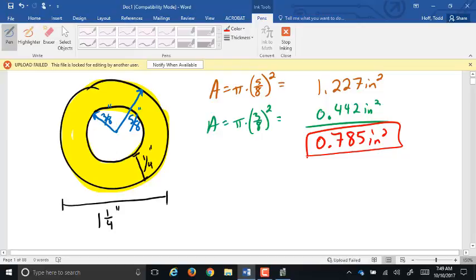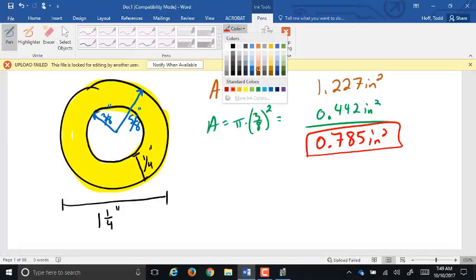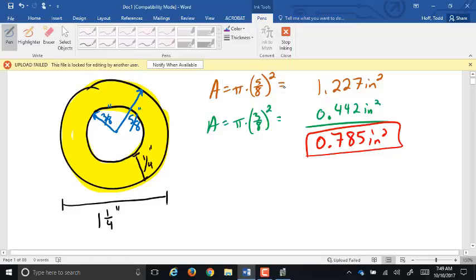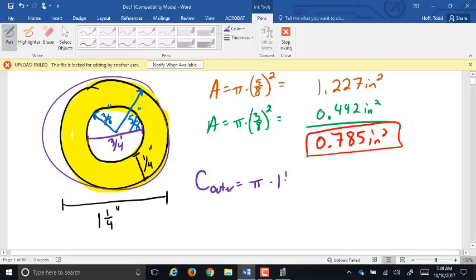Now, there is another way we could have done this. To me, it's a little awkward, but it works. What you could do, if it was easier for you, using the diameters rather than the radii, you could find the outer circumference, which is going to be pi times 1¼ right?